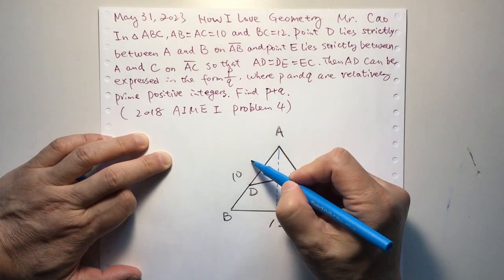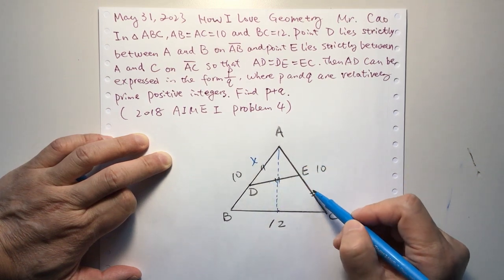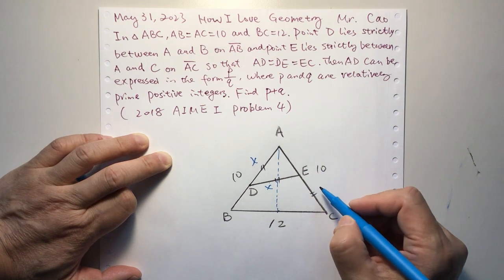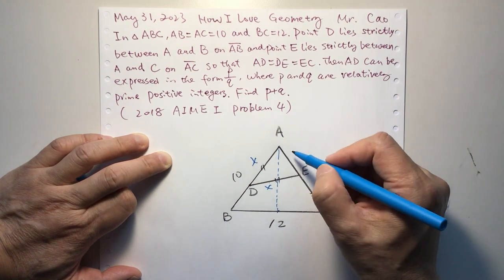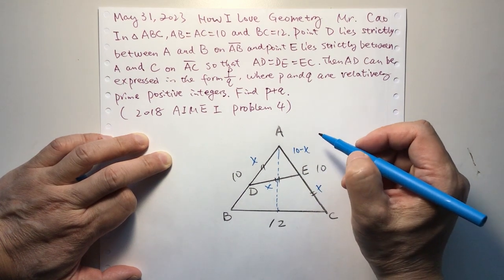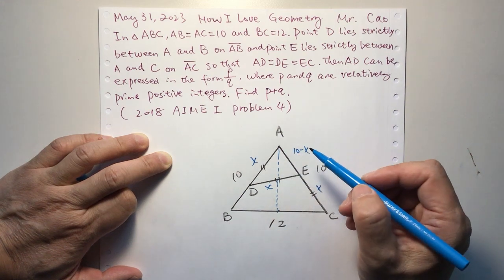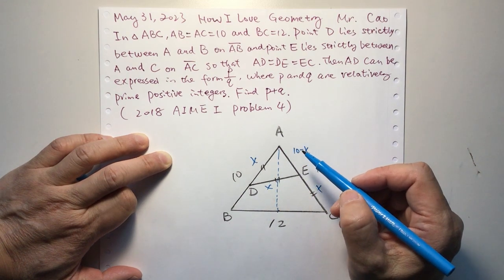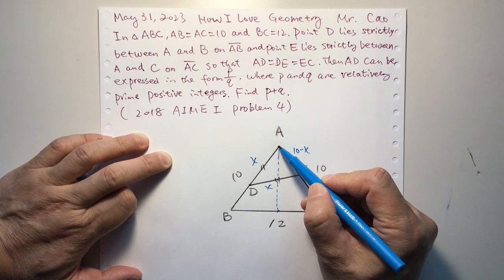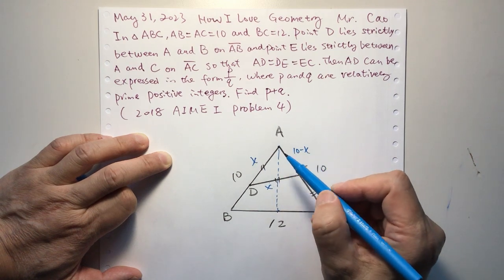If we suppose AD is x, and also DE is x, and EC is x, so AE will be 10 minus x. If we want to find how much x is, we can concentrate on this small triangle, triangle ADE, because it has sides x, x and 10 minus x.